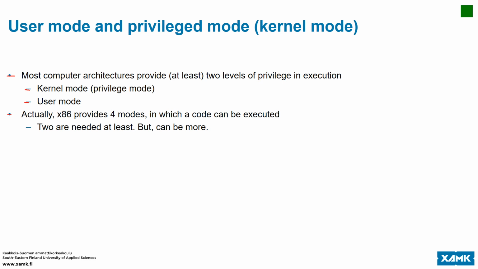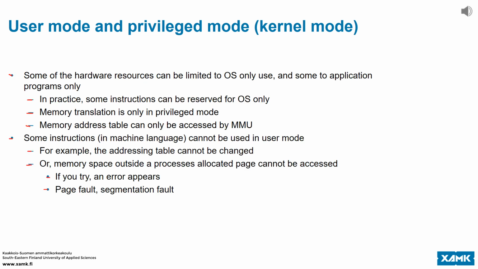There can also be modes that are between kernel mode and user mode, or there could be a mode for code execution which is below user mode, so even more restricted than user mode. But at least 2 is necessary for address translation to work. The reason why we need a user mode and a privileged kernel mode is because some of the hardware resources need to be limited to the operating system's use only.